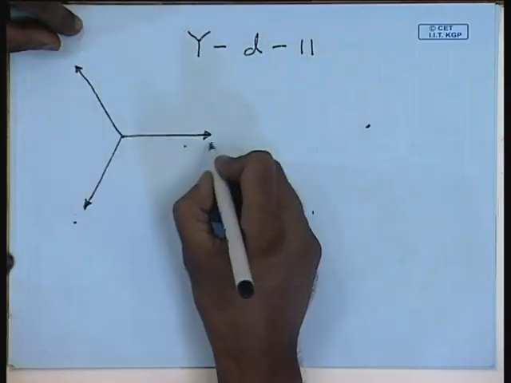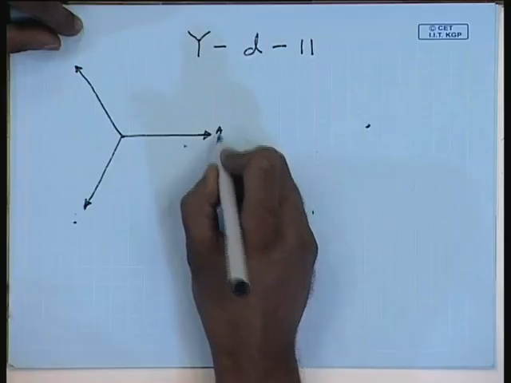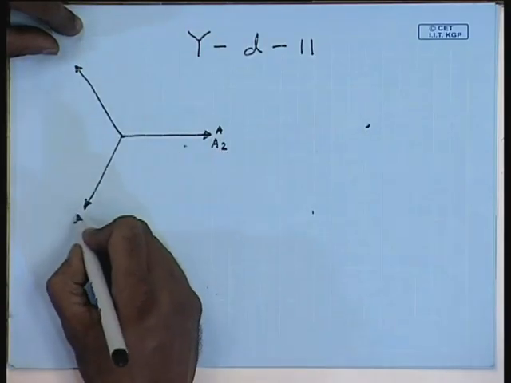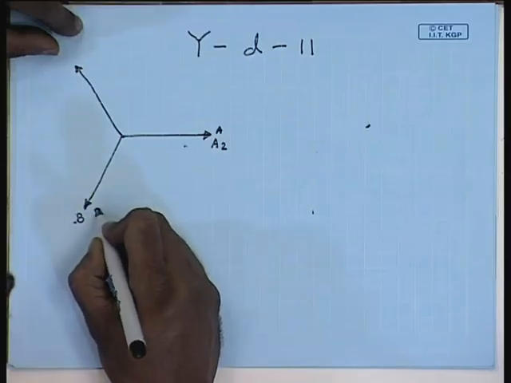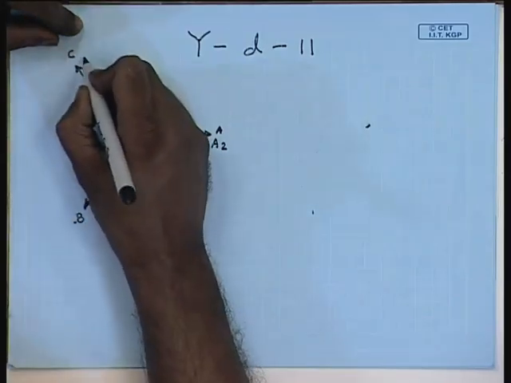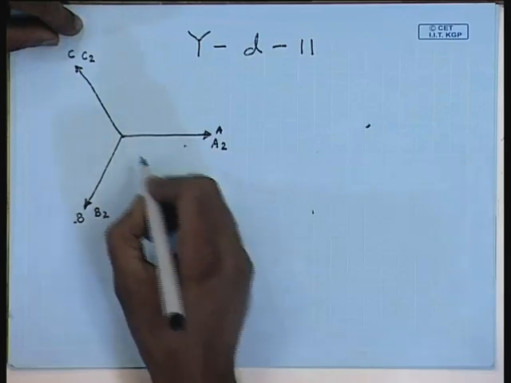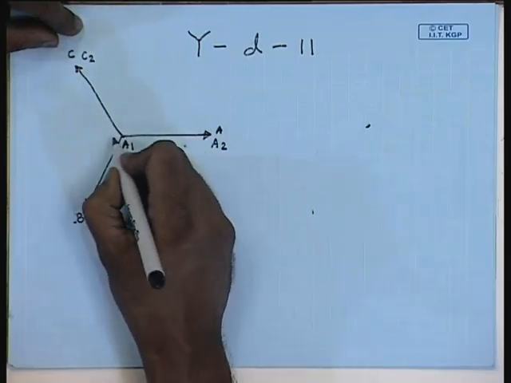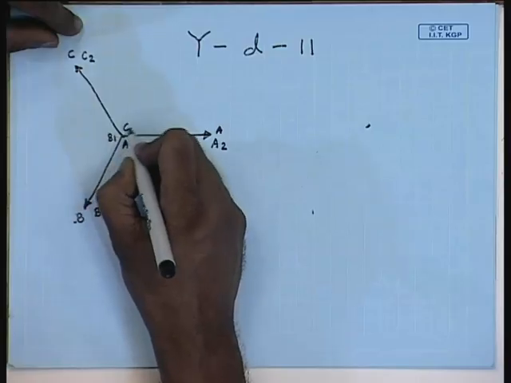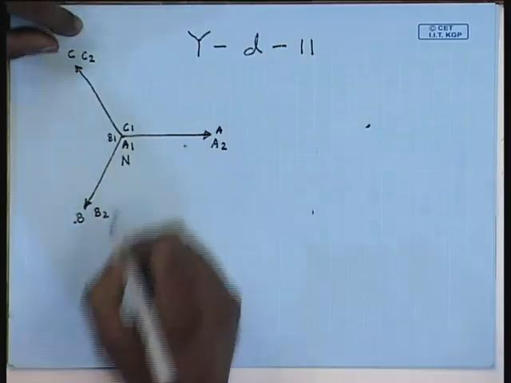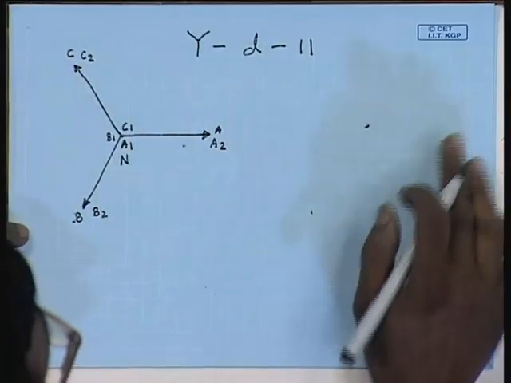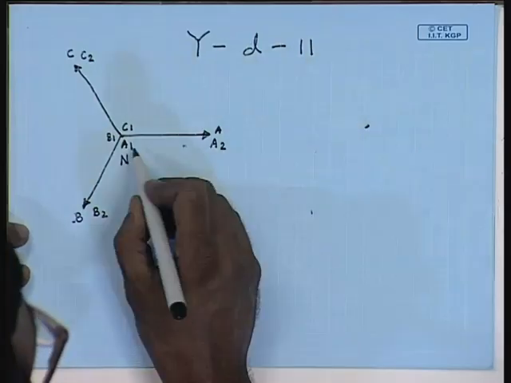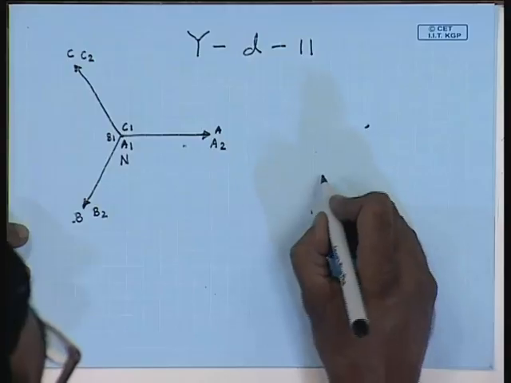Hence, this is line A or winding terminal A2, this is line B winding terminal B2, this is line C winding terminal C2, and these are the winding terminals A1, B1 and C1, which form the star point N. On the low voltage side, the winding voltages will be in phase with the high voltage side winding voltages.